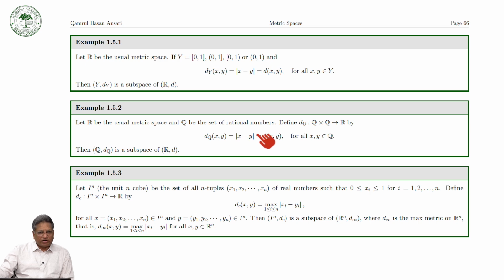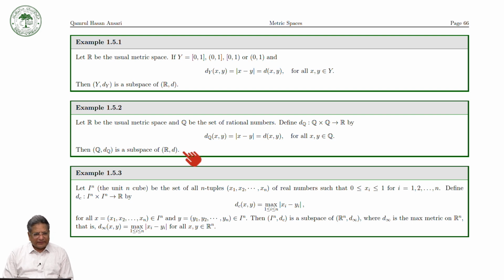But this is the usual metric on R, which means it is equal to d(x, y) for all x, y in Q. It means that d_Q is the restriction of the usual metric d on R, and Q is a subset of R, and therefore (Q, d_Q) is a subspace of (R, d).